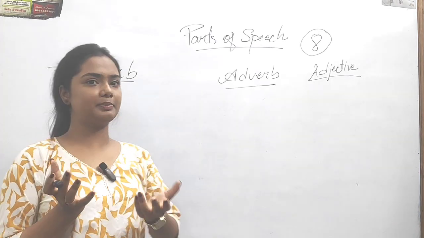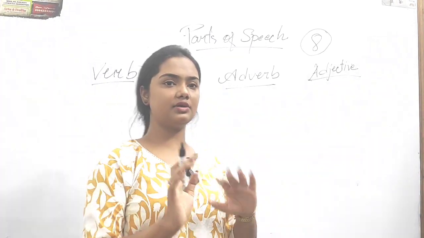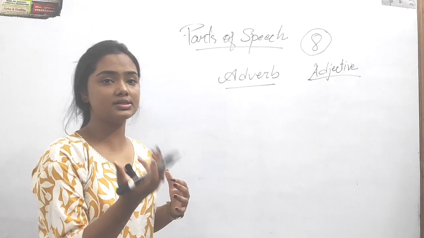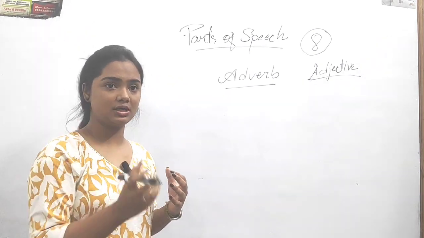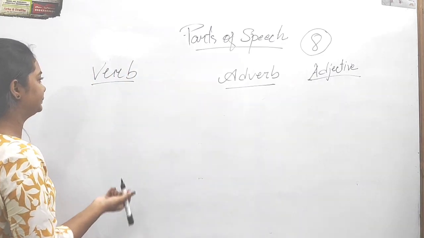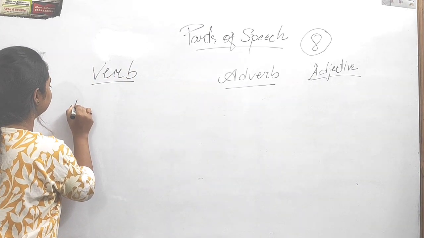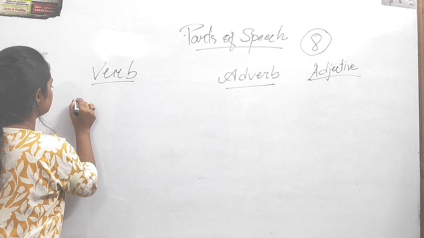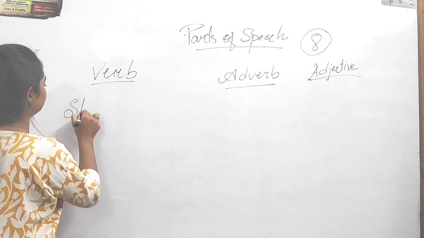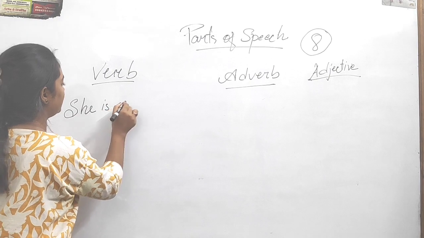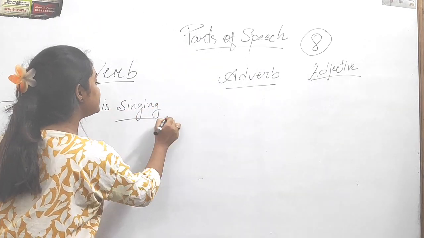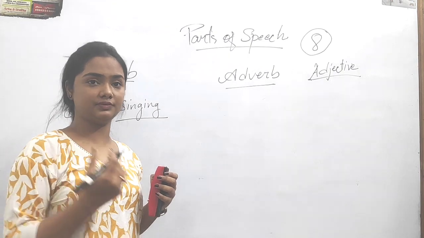So what do you understand by verb? As we have learned from our school days, the doing words are called verbs. The action, it tells you about the state of action, right? She is singing. So singing becomes your verb.